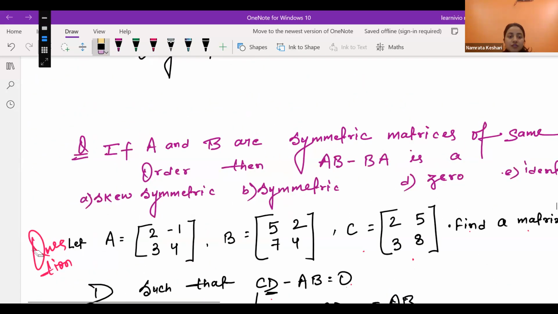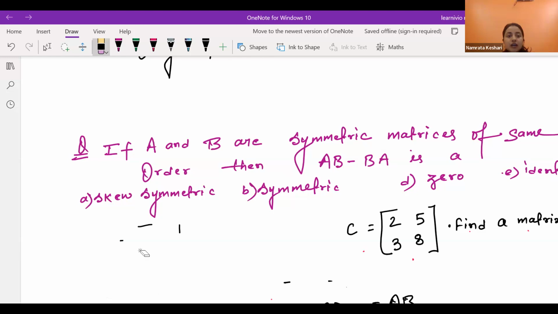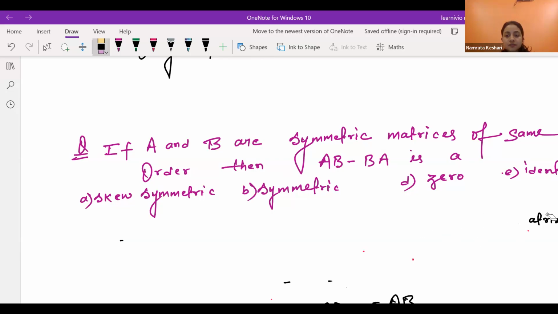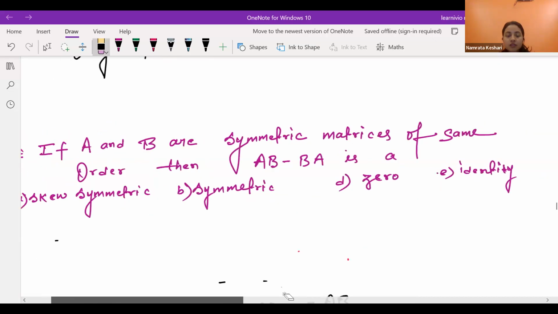Suppose this question we are having. The purple part, please read it. Let A be a symmetric matrix and skew symmetric matrix, you have not learned, right? I know the definition. I don't know its application and questions though.